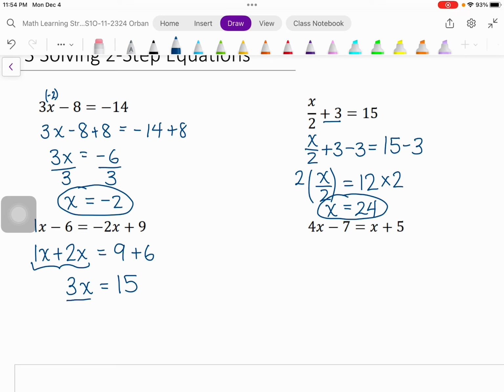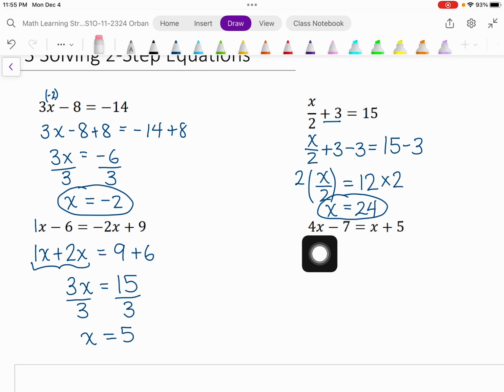So the opposite of multiplying by 3 is to divide by 3. And I'm left with x equals 5. Now if I come back here, 5 subtract 6 is equal to negative 1. And negative 2 times 5 is negative 10, and negative 10 plus 9 is also negative 1. So both sides work out to the same when I substitute in x equals 5.